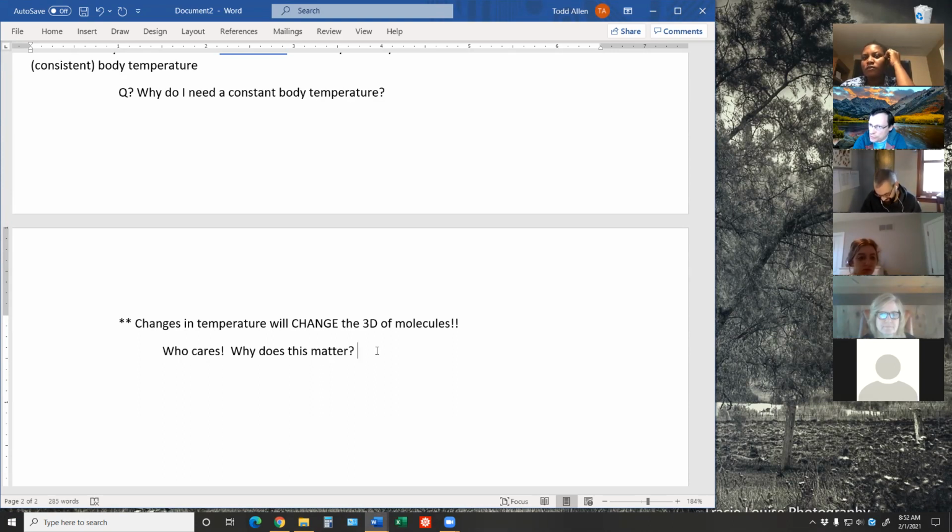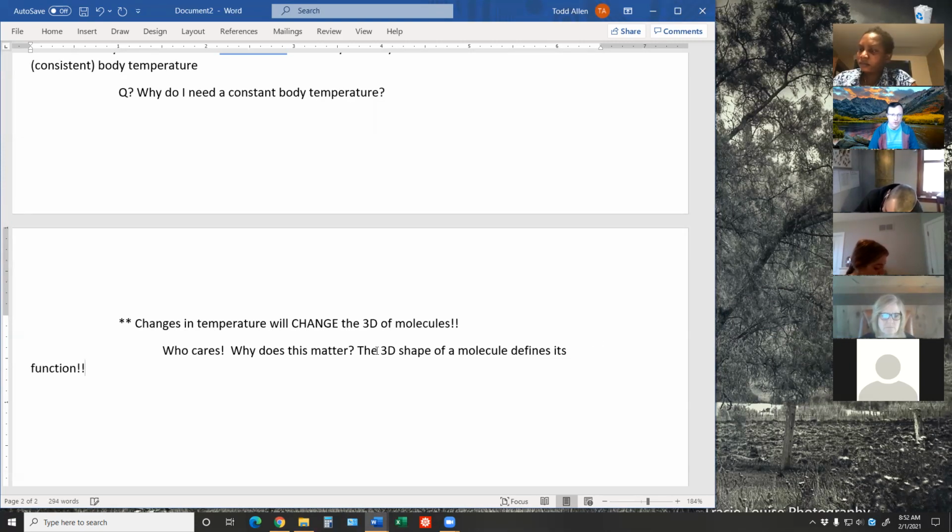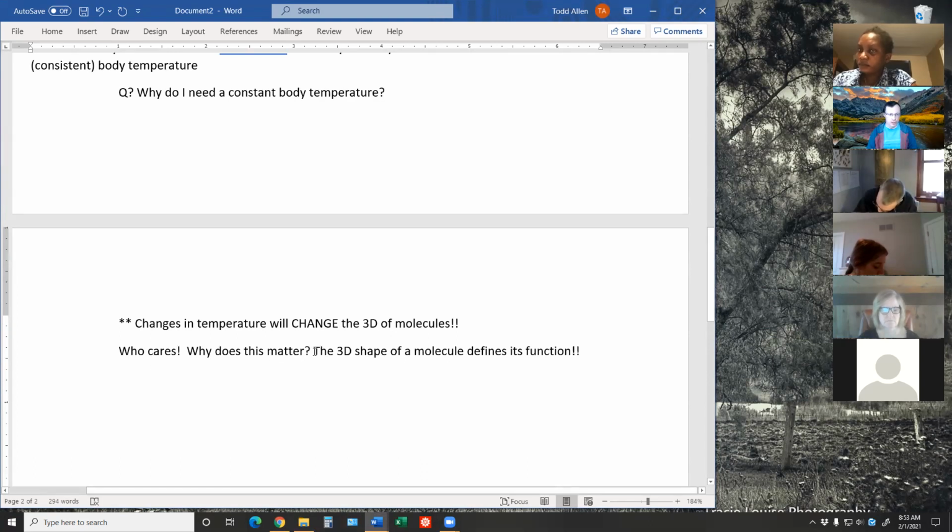The three-dimensional shape of a molecule defines its function. The three-dimensional shape of a molecule defines its function. So mega important for beginning students to appreciate.